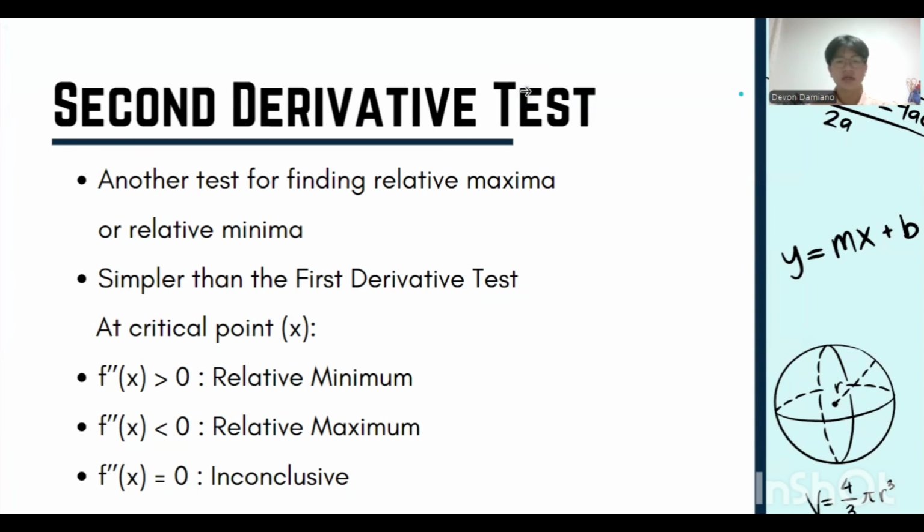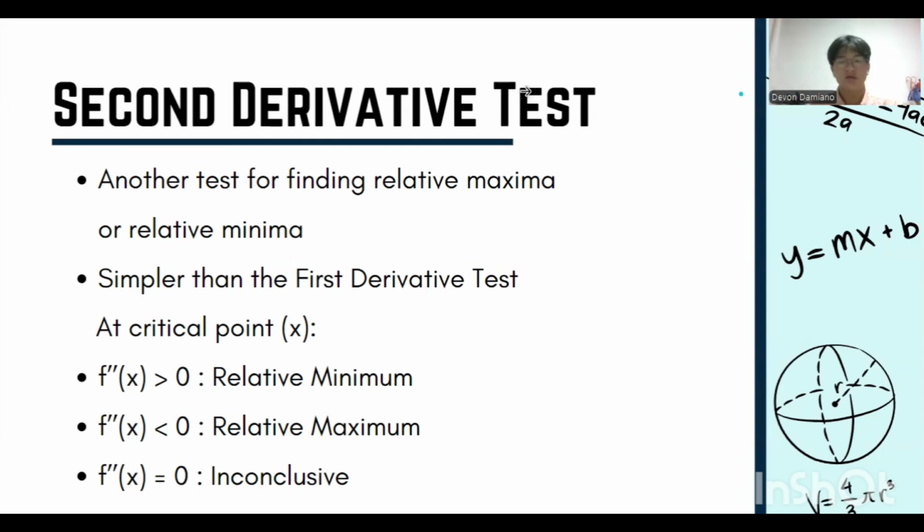For the second derivative test, if the second derivative at a critical point is greater than 0, then the function has a relative minimum at that point. On the other hand, if it is less than 0, the function has a relative maximum. If it is equal to 0, the test is inconclusive, which means that it could have a relative maximum, relative minimum, or neither. In this case, you may use the first derivative test to get an answer.